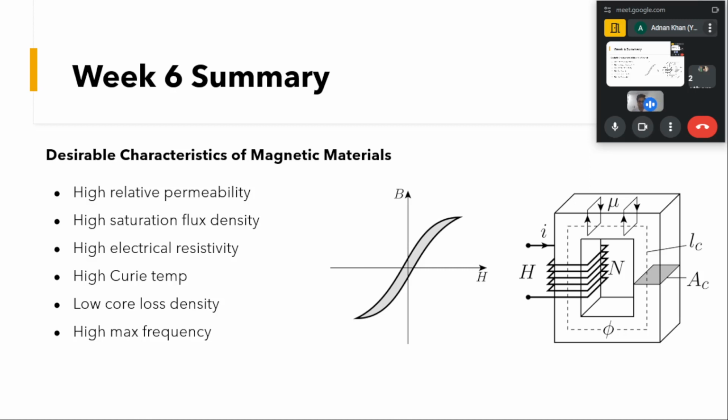This is also related to the loss, because we saw that with the increase in frequency our core losses increase, and with these core losses there will be a temperature increase as well. We don't want our temperature to increase beyond a particular point. So we should be able to operate a particular core at the particular frequency we intend, and it should not have many losses at that point, so that the temperature does not increase and damage the device.